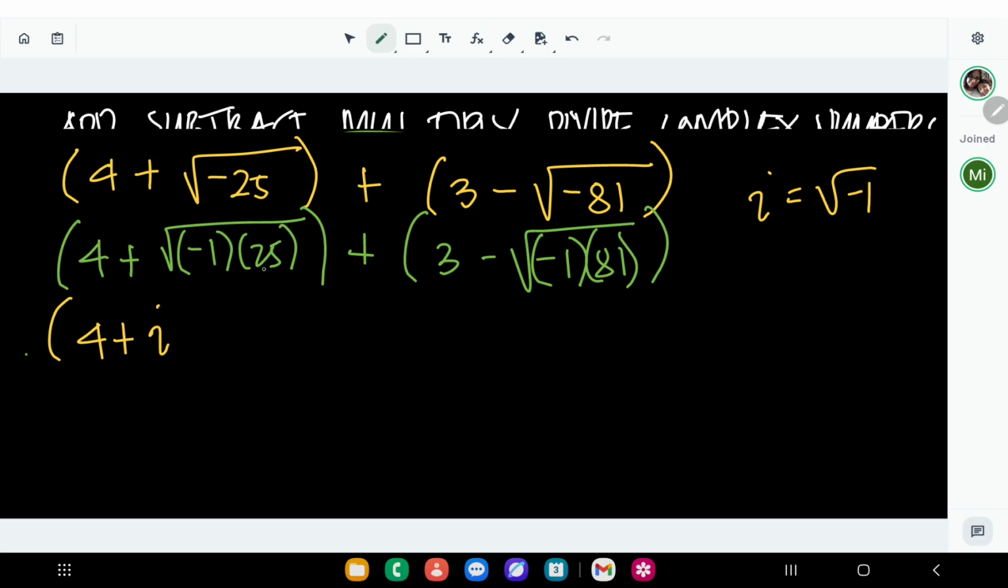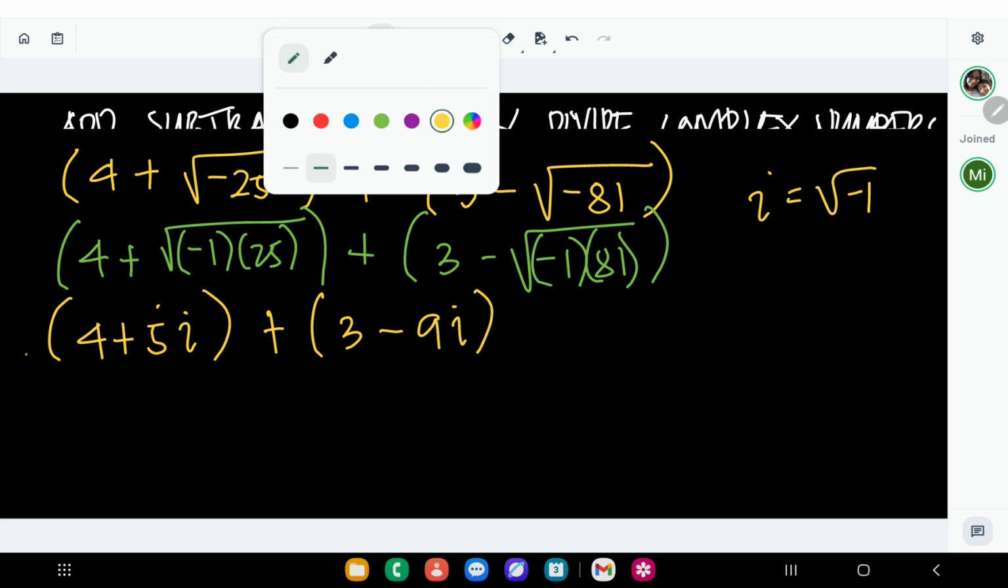Then the square root of 25. 25 is a perfect square. That is 5, but you can write this as 5i, so the real number should be written first. So this is 5i plus 3 minus the square root of negative 1, which is i, then the square root of 81 is 9. So this is 9i.